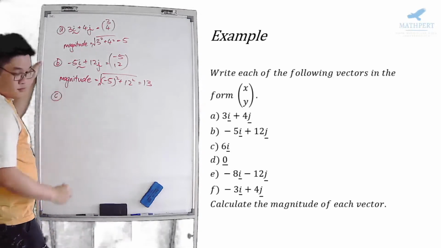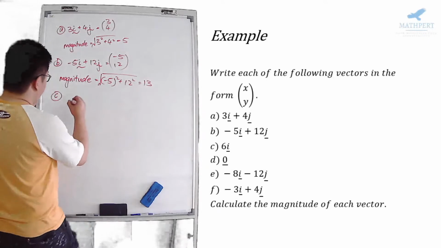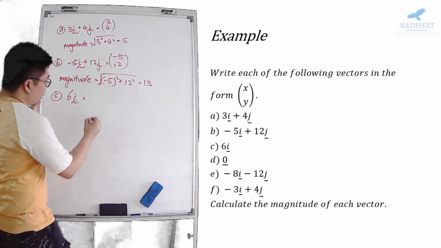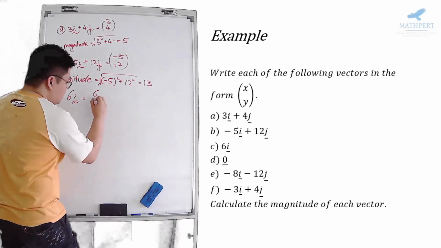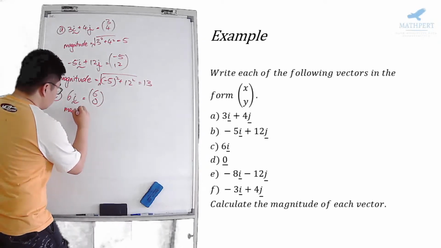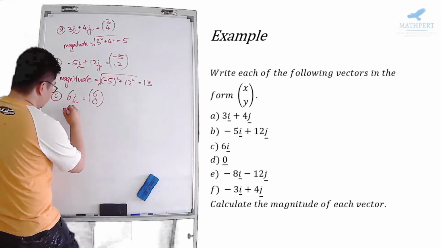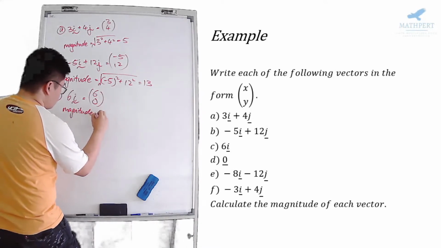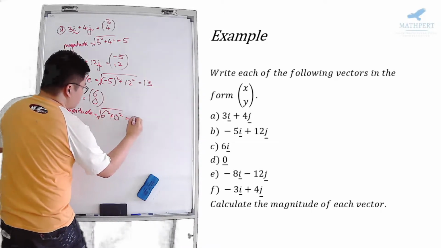C, 6i. So this will be equal to 6. Any value for the j? No. So this is 0. So the magnitude will be 6 square plus 0 square, which is 6.